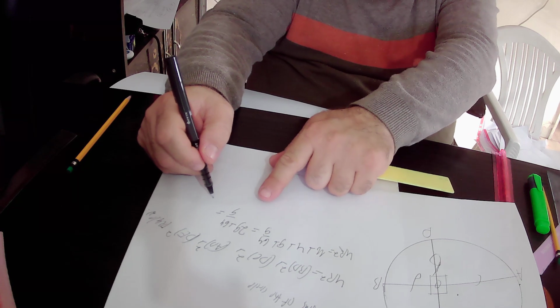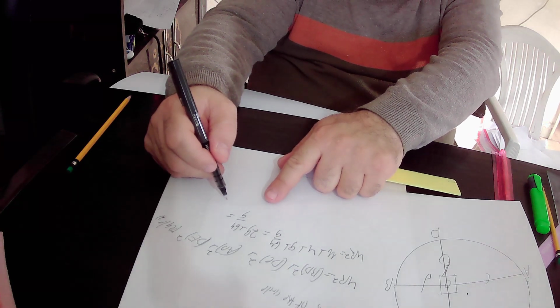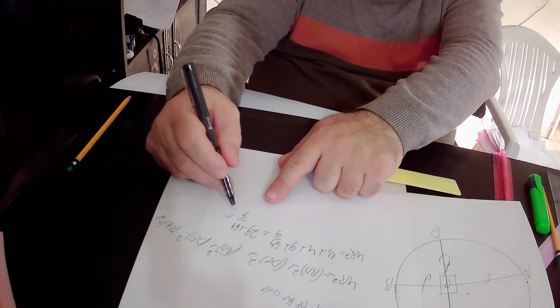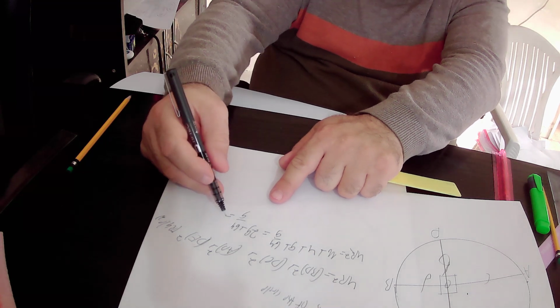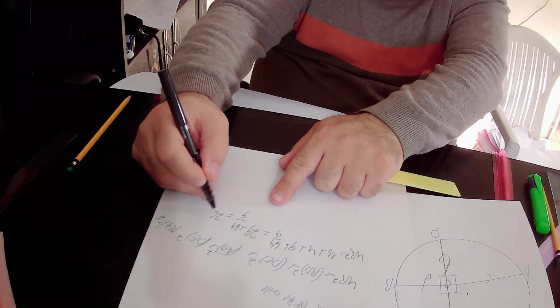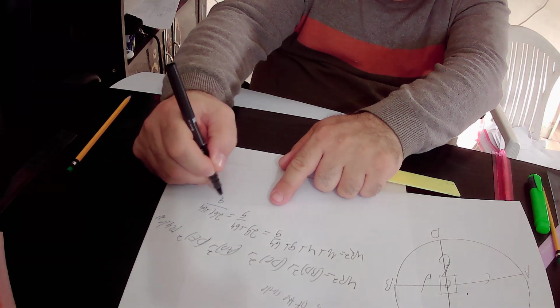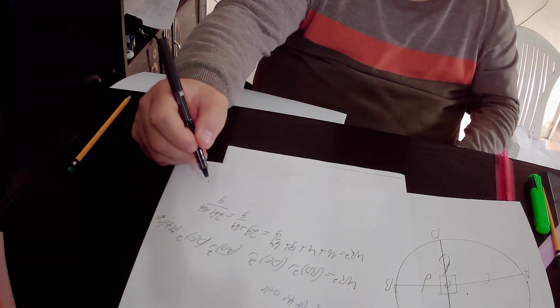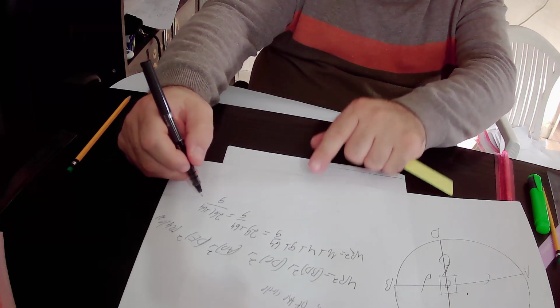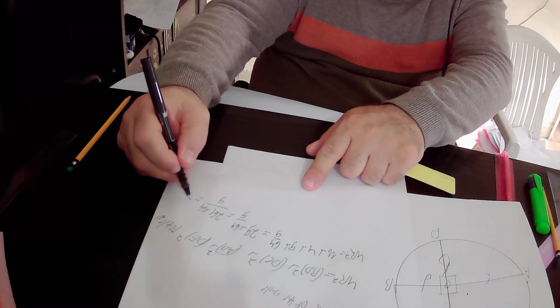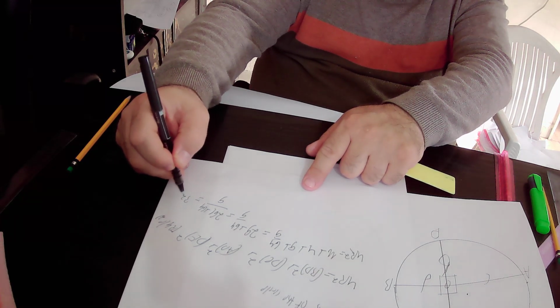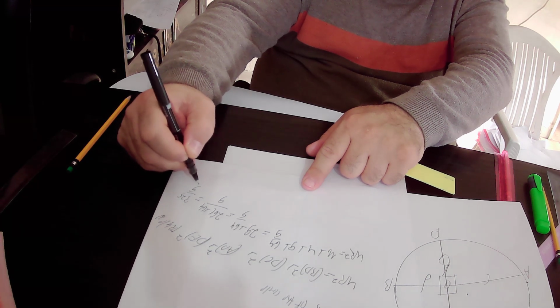Here we'll multiply 29 by 9 and then divide it by 9 in order to have a common denominator with this expression. 29 times 9 is 261, plus 64 over 9. And 261 plus 64 is 325 over 9.